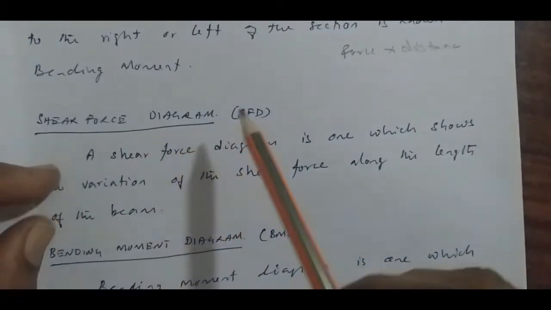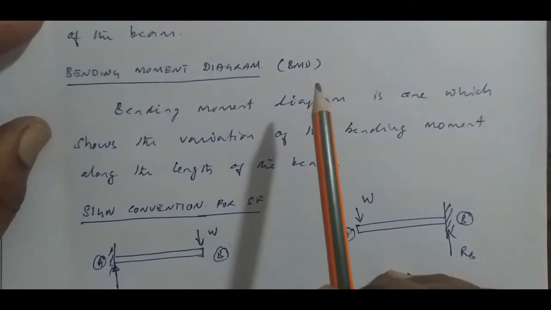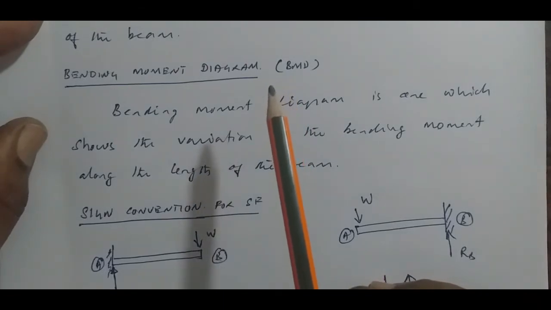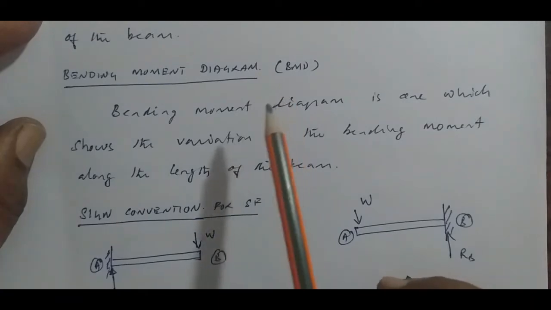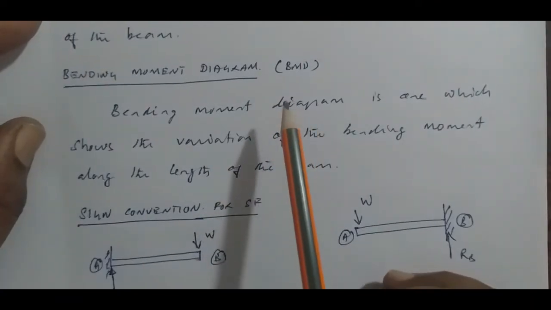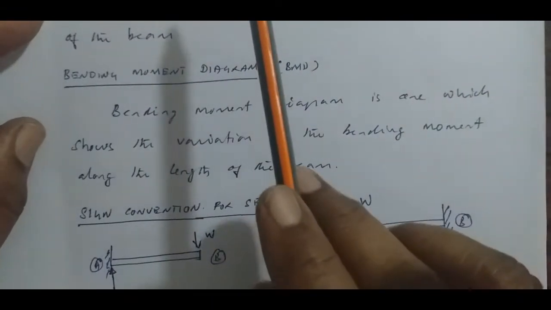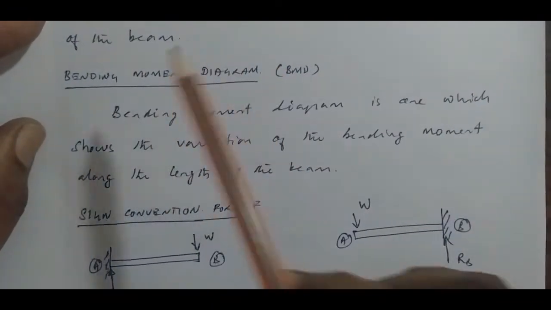In the same way, the graphical representation of the bending moment acting on a beam is called the bending moment diagram. At any section, you can know the value of the moment from this diagram.